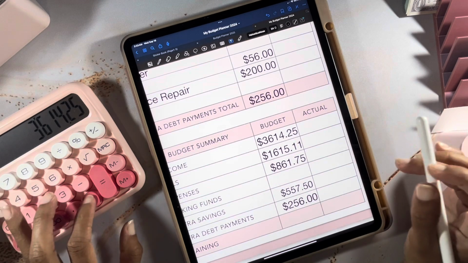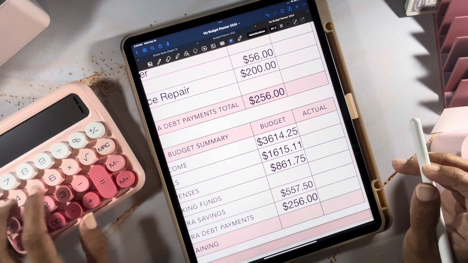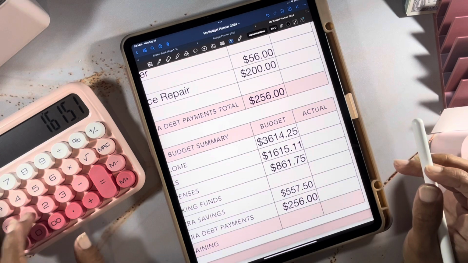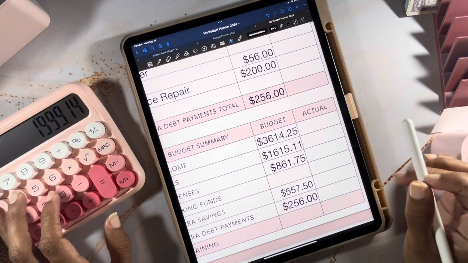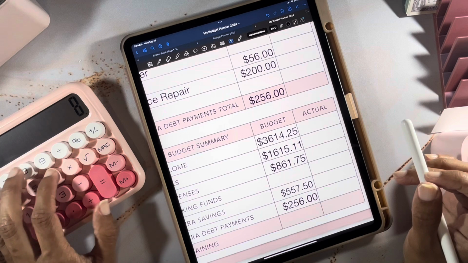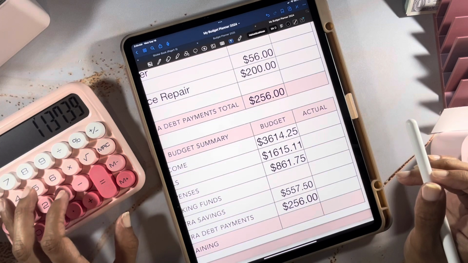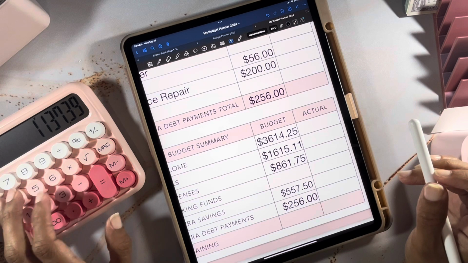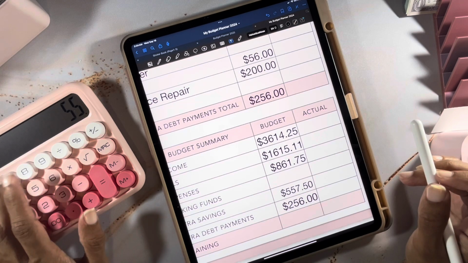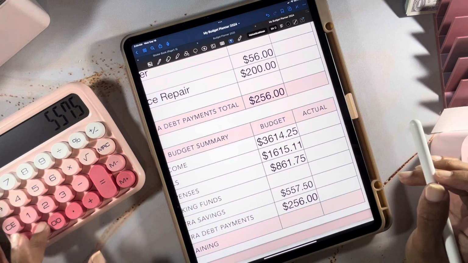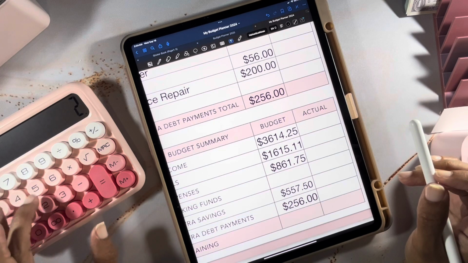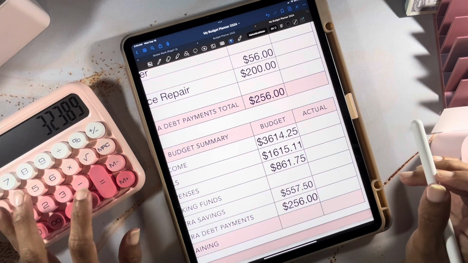All right, so let's go ahead and say 2614.25 minus 1615.11 minus 861.75 minus 557.50 minus 256 equals.